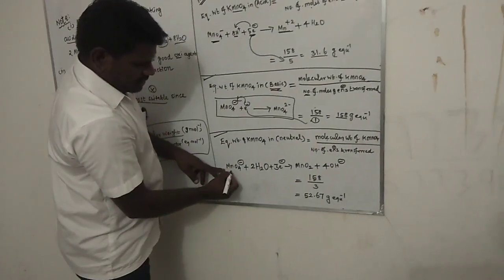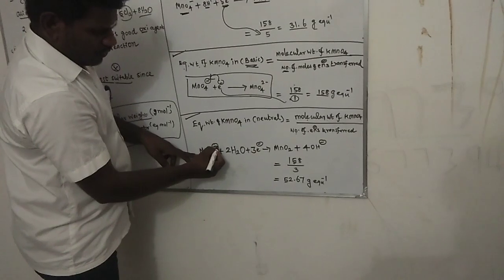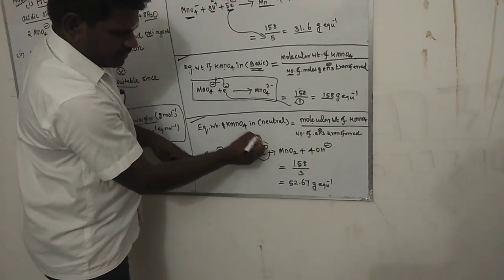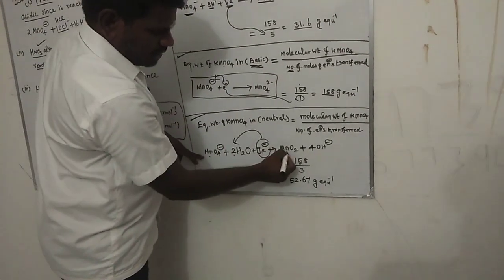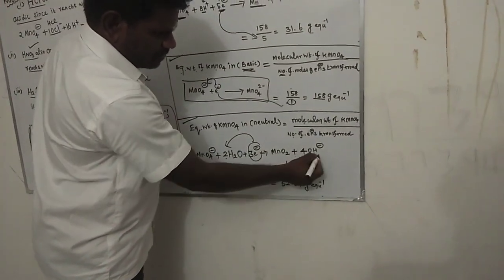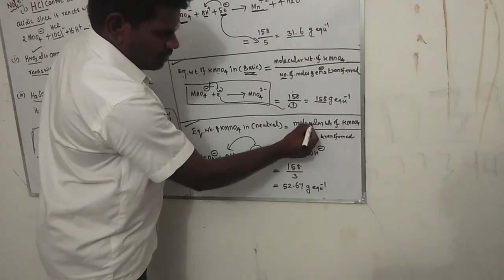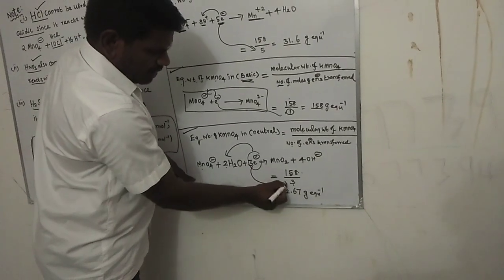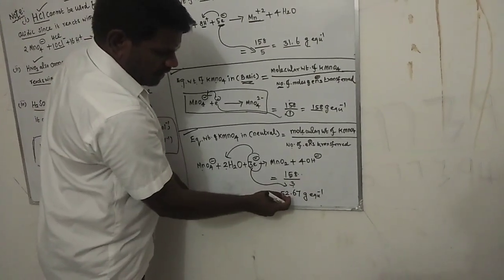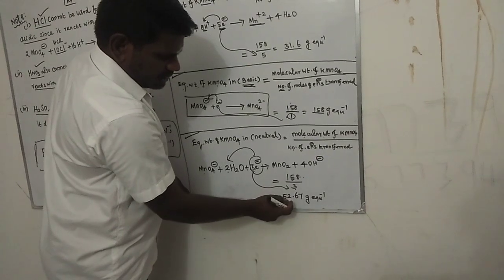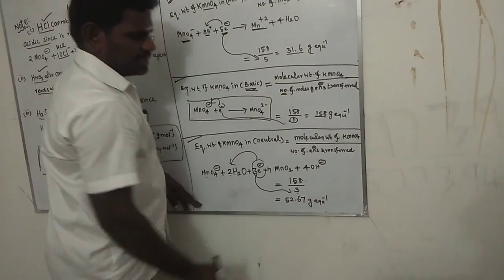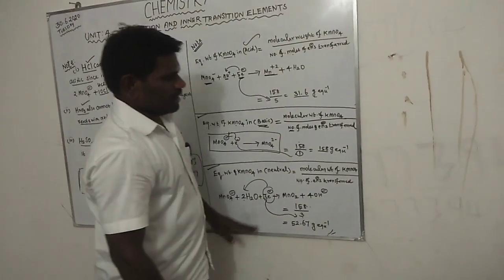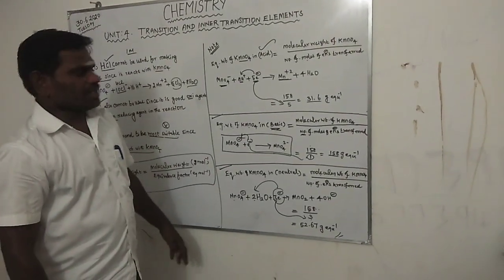Now you see this equation, MnO4 minus plus 2 H2O and 3 electrons transferred gives MnO2 plus 4 OH minus. 158 is the molecular weight of KMnO4. 3 means the number of electrons transferred here. So 158 by 3 is equal to 52.67 gram equivalent inverse. So students, I hope you understood the class.